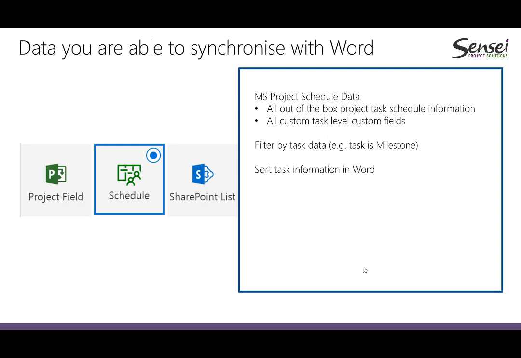Any kind of data you maintain in your MS Project schedule, so task fields that come out of the box, plus task level custom fields that you created. It allows you to filter the information, for example by milestone, and you also have the ability to sort by date or by name, etc.